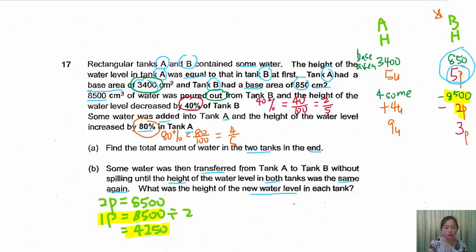The reason is because volume is equal to length times breadth times height. So this is also equals to area times height. So if we can find the volume and we have the base area, we can then find the height represented at here. So let's try.